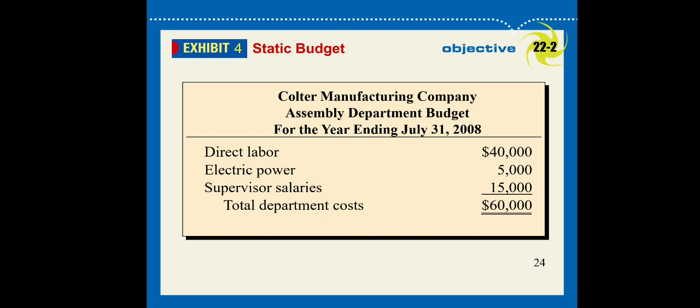So the total department budgeted cost is $60,000 for the year ending. So this is easy. Let's say you are a manager or a management accountant and you use a static budget, then it is easy. You just estimate what cost you will have to pay in the next accounting year or the next month, and then you put the number and you use the budget.